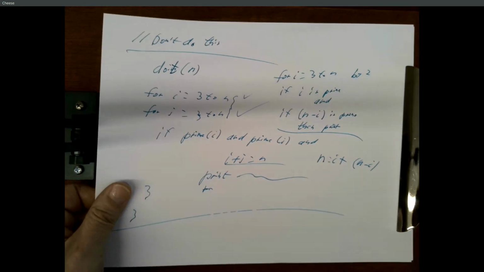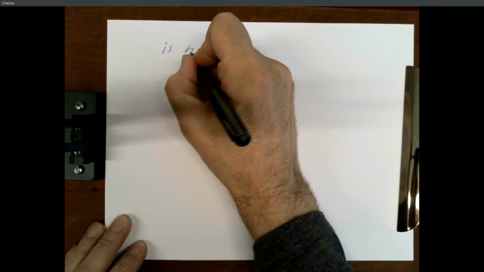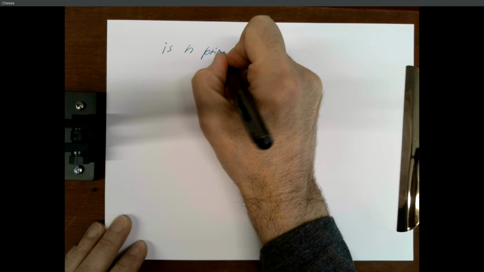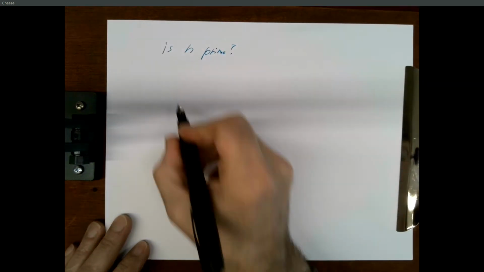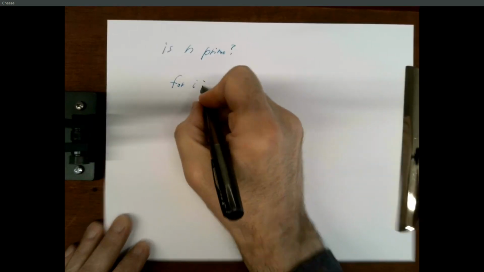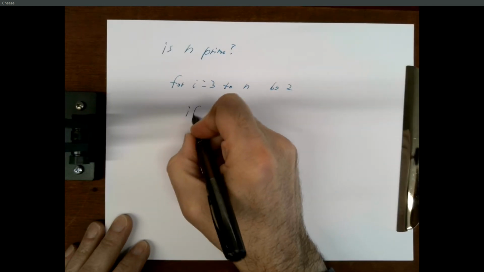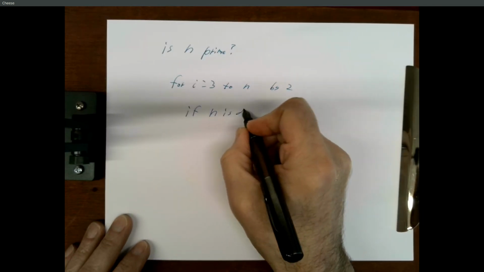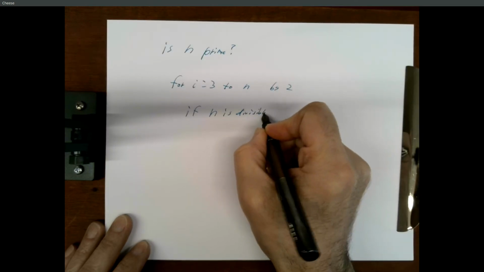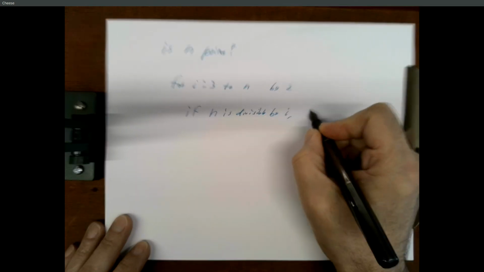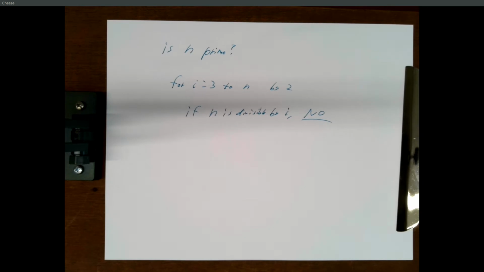So now the question of generating primes. And you do not need to get very fancy with this. So is the number n prime? If n is divisible by i, it's not prime.